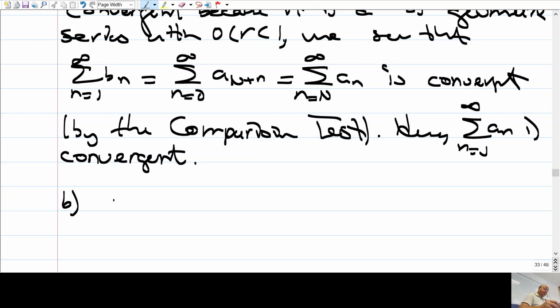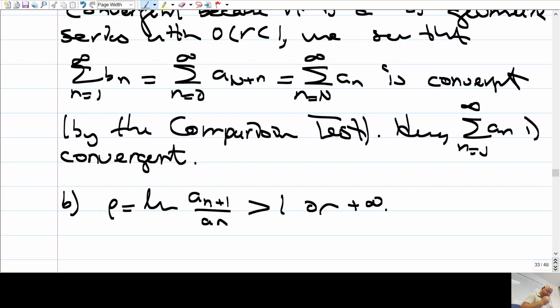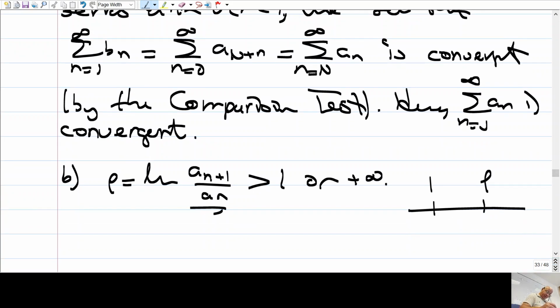For the other part, if this limit rho, which was a_{n+1} over a_n, is larger than 1 or infinite, it means the terms of the sequence will be larger than 1 after some point on.